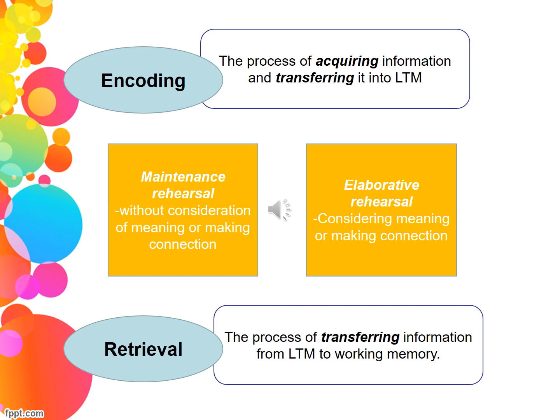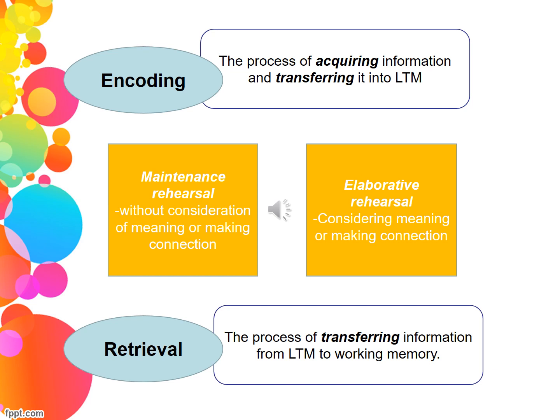That is maintenance rehearsal. So it will actually result in little or no encoding. That's why sometimes if you keep on repeating a series of numbers, after several times you find that you can't recall it anymore.